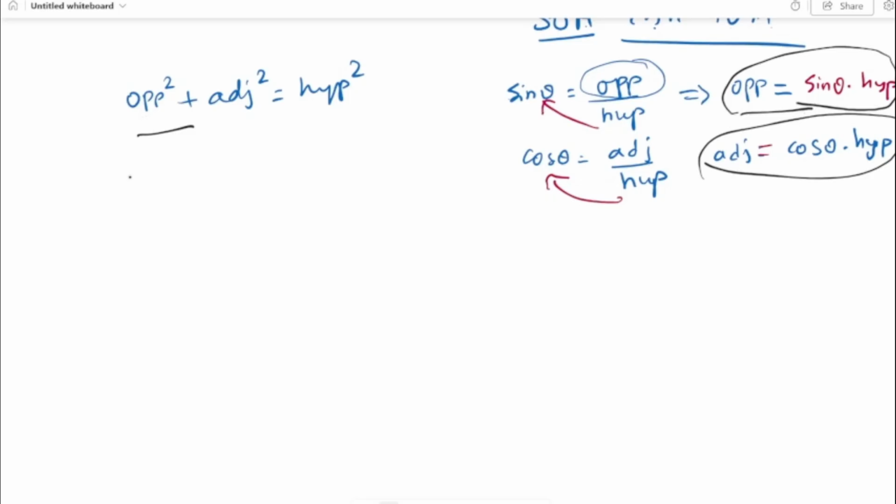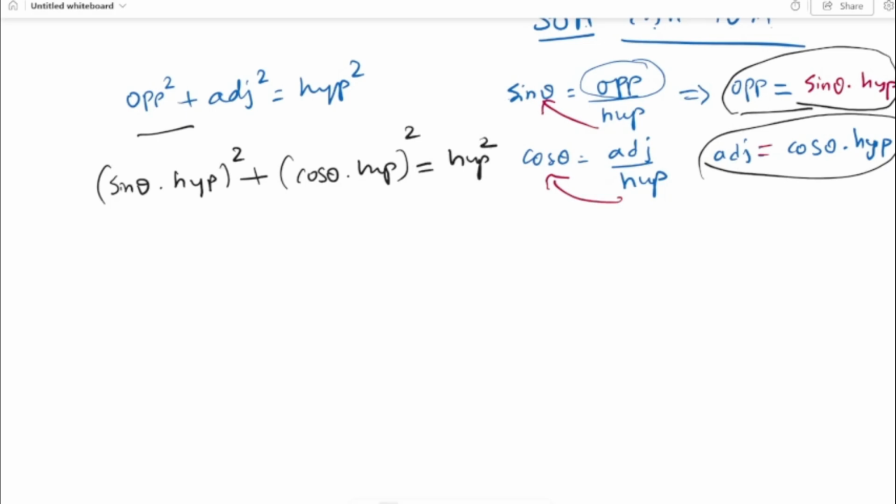So opposite square is sine theta times hyp whole square. Now adjacent square is cos theta times hyp whole square. This is equal to hyp square. I'm not doing anything fancy, just basic algebra.